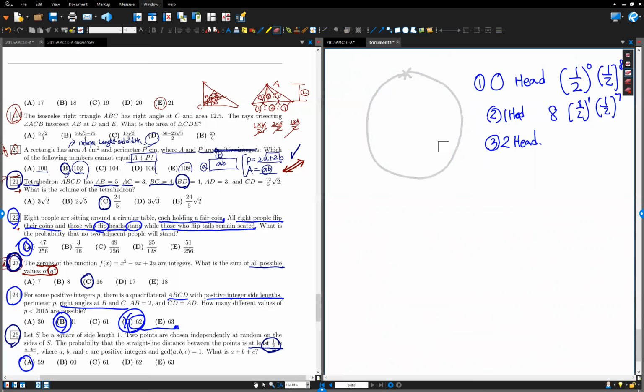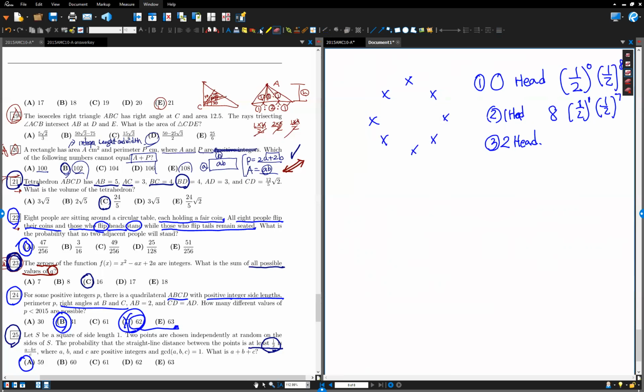So 1, 2, 3, 4, 5, 6, 7, 8. If we choose 2 heads, this is fine, right? Or this head is okay. This head is okay, right? So how can you find the number of 2 non-adjacent?